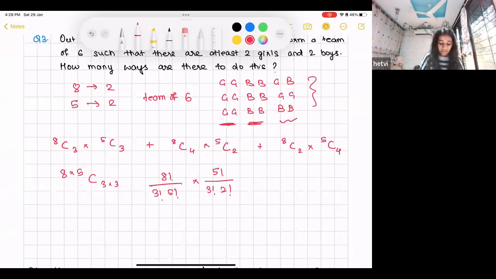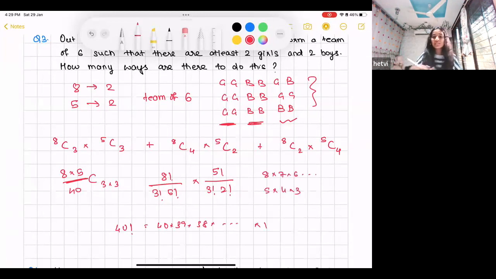So if you think about it, this comes up to 40. And 40 factorial would be 40 into 39 into 38 and so on up to 1. Whereas this is only 8 into 7 into 6 and 5 into 4 into 3. So it's very different numbers. You cannot multiply like that. Oh, yeah.